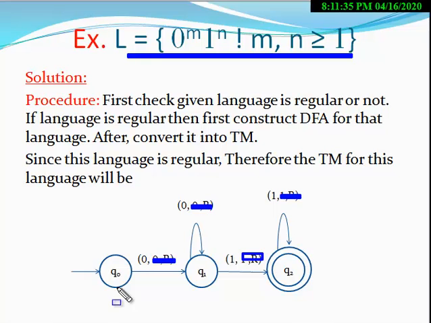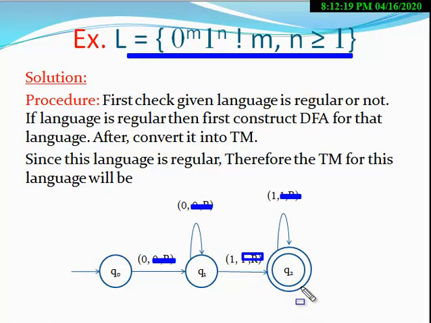So the DFA is this: at the state Q0, when the input symbol 0 appears, the machine changes its state. At the state Q1, when the input symbol 0 appears, the machine does not change its state; that is, this is a self loop. When input symbol 1 appears at Q1, the machine goes from Q1 to Q2. At Q2, when input symbol 1 appears, the machine moves in the self loop, so this loop continues as long as the input symbol 1 appears in the input.